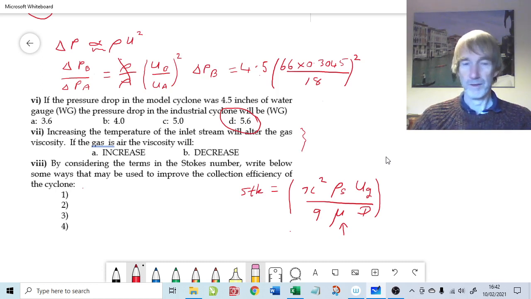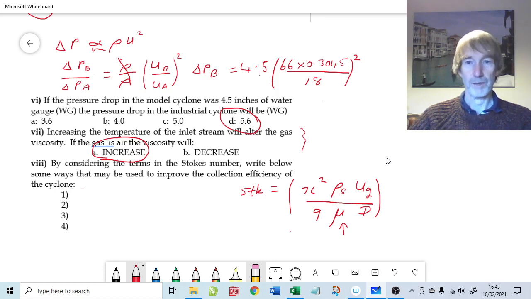So there's a lot of gaps between the molecules, and basically what that means is that as you increase the temperature of a gas, most gases, you will increase the viscosity. It's the exact opposite of what it is for a liquid. So it's not a good idea to increase the temperature of the gas going into a cyclone with the intention of decreasing the viscosity.